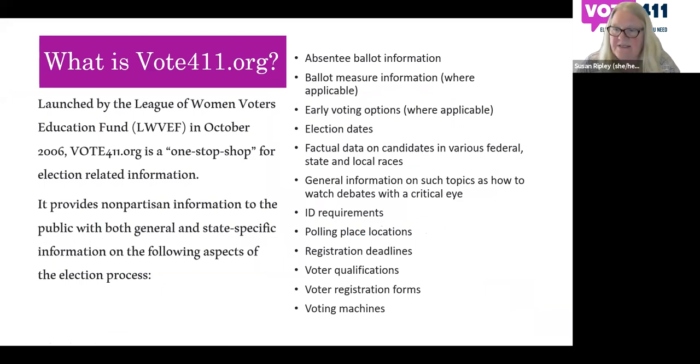First question, what is vote411.org? Well, it's nothing more than an online voter guide. By that, I mean a source that includes all information on voting. Much of the general information listed on the right-hand side of this slide, in those bullet points, is entered in by the National League.